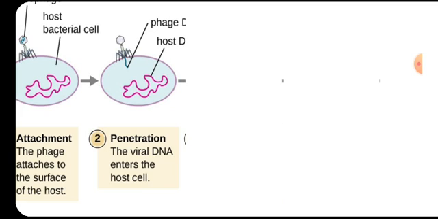So these tail pins get inserted on the cell wall of bacterium, which is aided by the tail fibers. So the function of tail pins and tail fibers is that they help in the firm binding of the phages onto the cell wall.